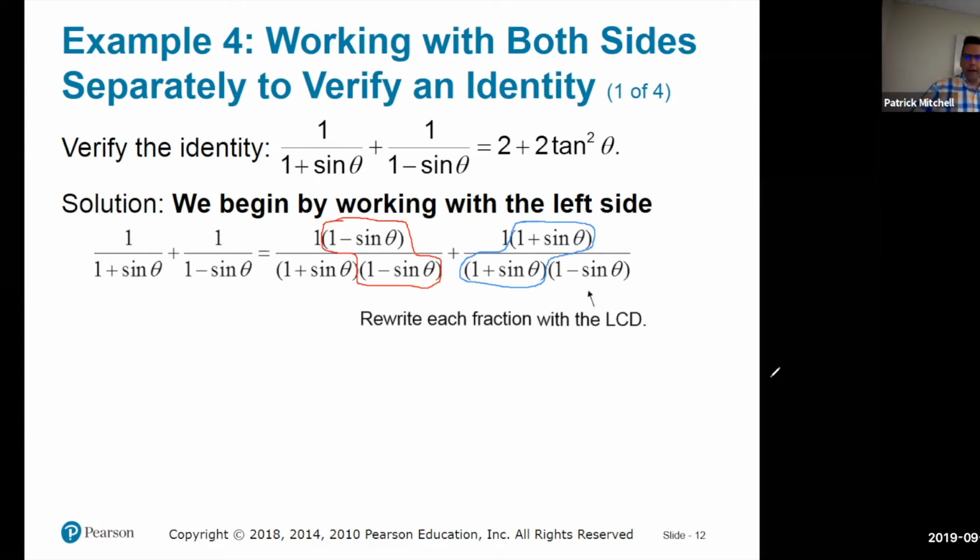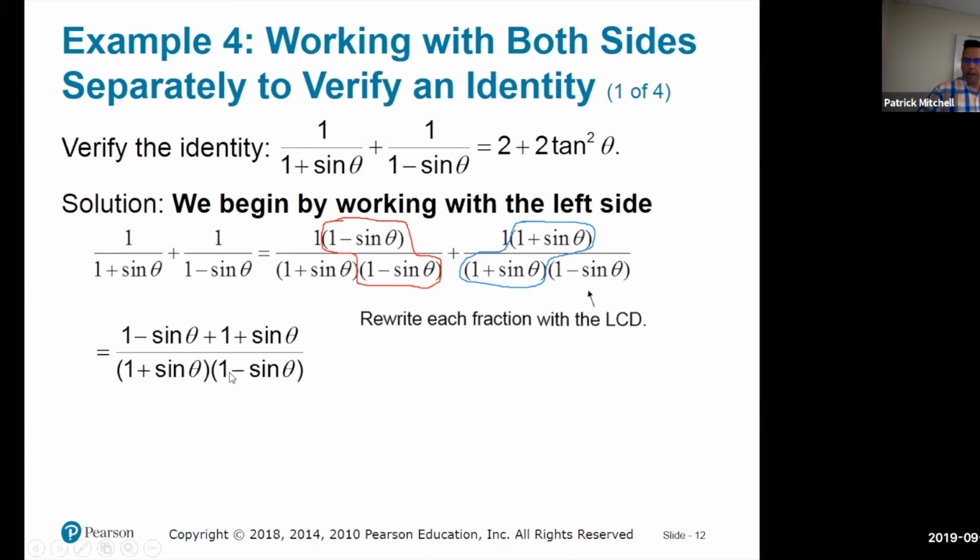All right, so now they have the same denominator. So I'm going to keep that denominator and I'm going to add the numerators. So notice that these two things are just being multiplied by 1. So you can ignore the 1 and just put a 1 minus sine theta plus 1 plus sine theta. And you might be able to see where this is going.